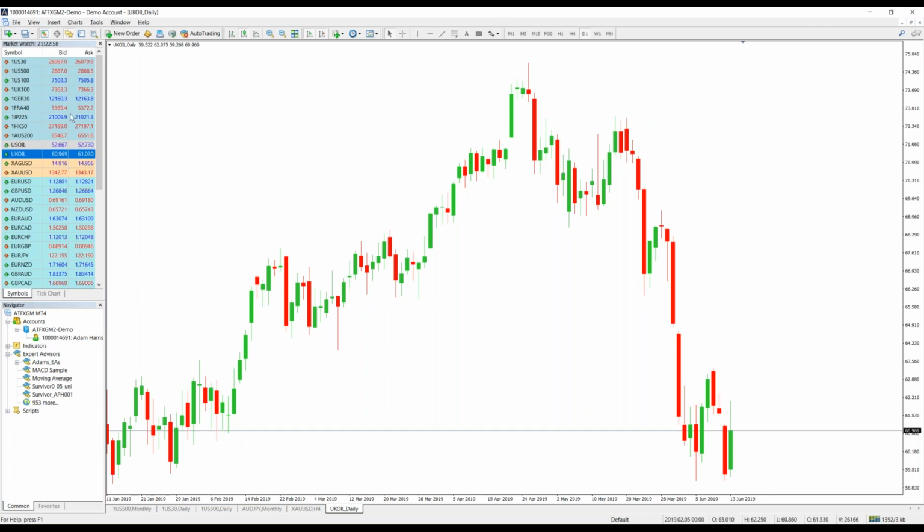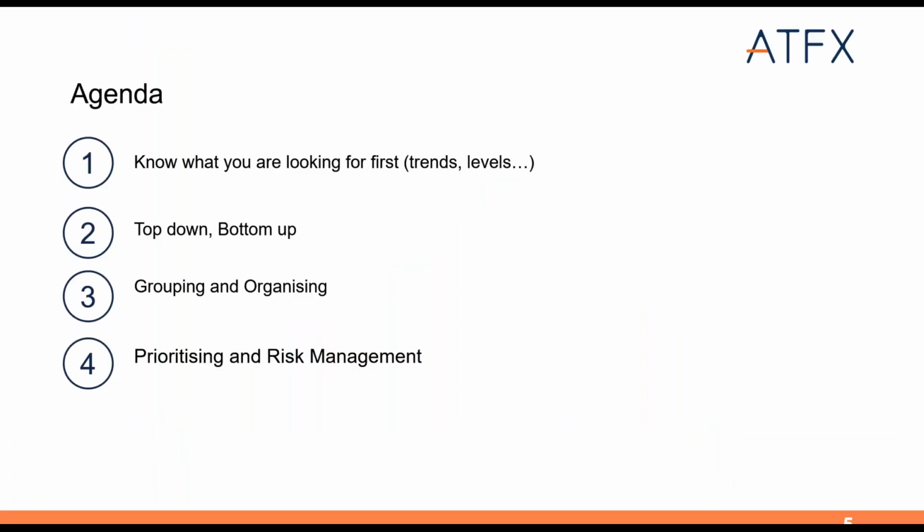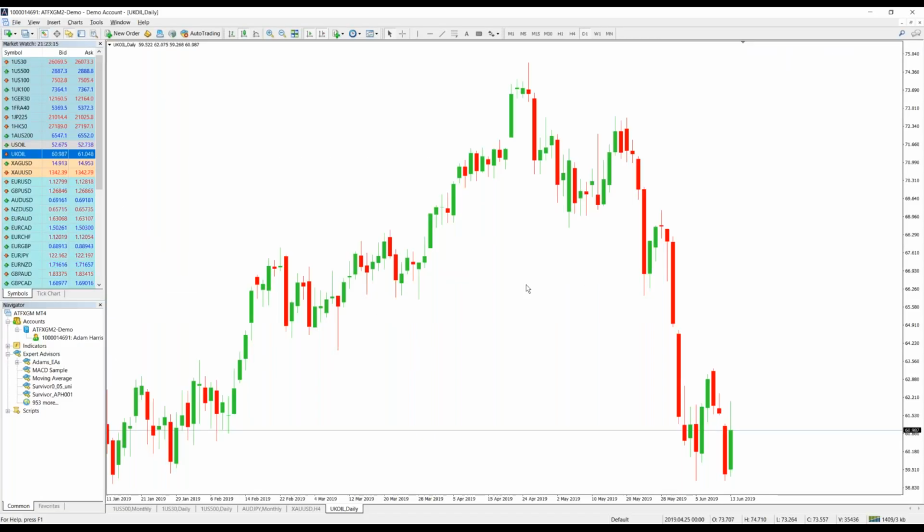So the similarities between the indices, we will call that correlation, and the similarities between the oils, we call that correlation. So we might as well stop now and discuss the idea of correlation on the original menu we call grouping and organizing. Here's what I'm looking for. I'm looking for markets that are correlated.